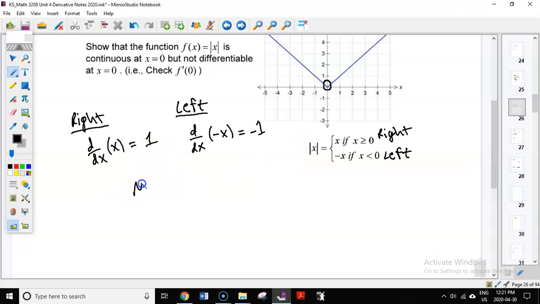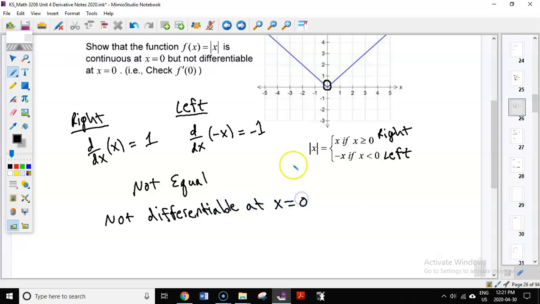Right, so we can see they're not equal, so not differentiable at x equals 0. The reason they're not differentiable might be hard to distinguish if you didn't have the graph, so we know it's a corner. But you're not always going to know that if you're just doing the piecewise algebra.